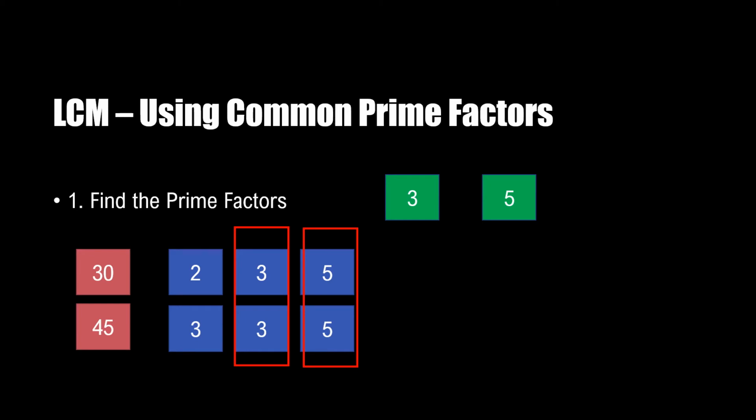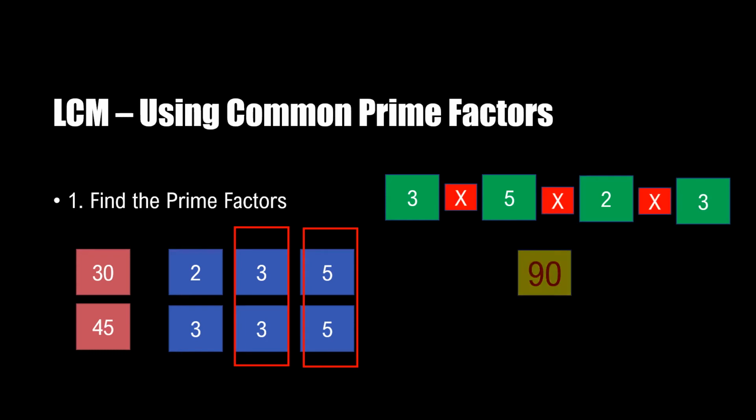What are the numbers left? 2 and 3. These are not common between 30 and 45, but we still write them down. After that, we multiply all the numbers and we get the LCM of 30 and 45. This is the first method that we had learned.